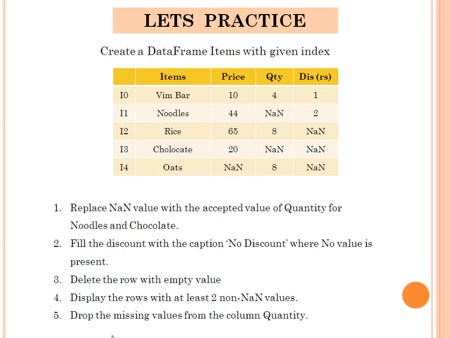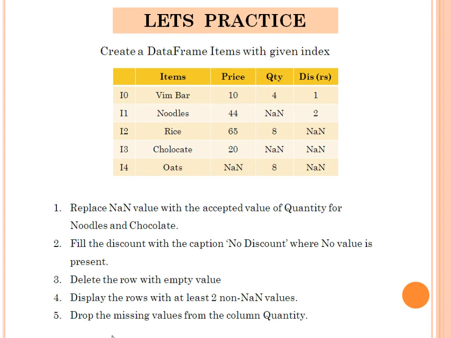So now my favorite part, let's practice. So you have to apply all the skills which you learned and listened to in my video. So first of all, create a DataFrame items with the given syntax. Okay, and the given NaN values, of course. So you must know which method is to be chosen to create the DataFrame with NaN values.